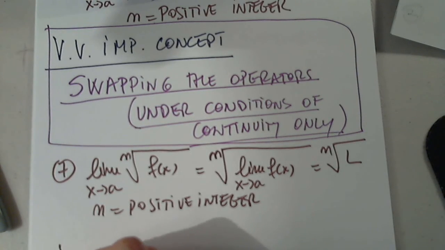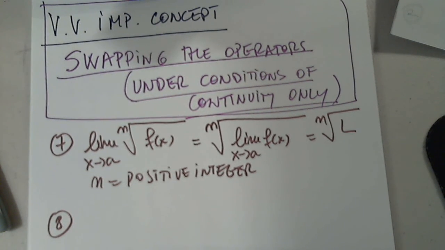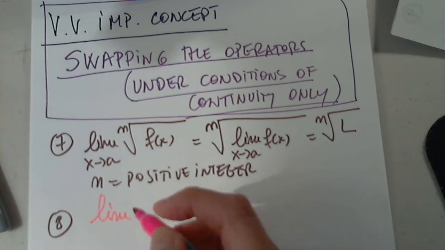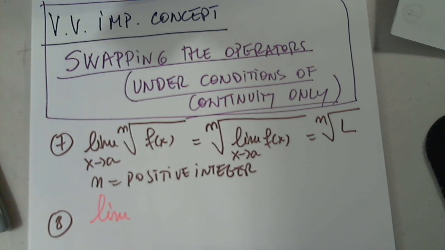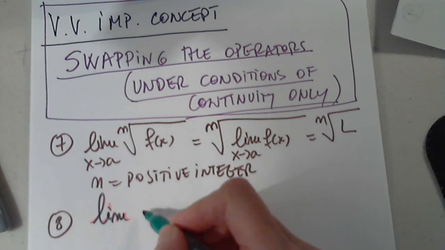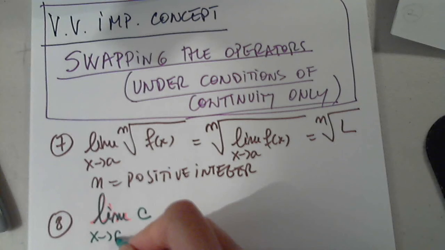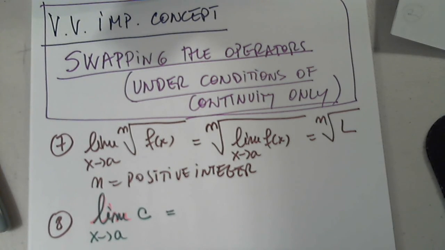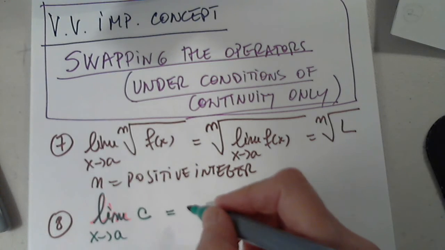No. Thank you. So there are others that I don't personally consider limit laws, but they are listed as limit laws, and okay, fine. So here's one. The limit of a constant as x approaches a. What do you think that is? The constant.